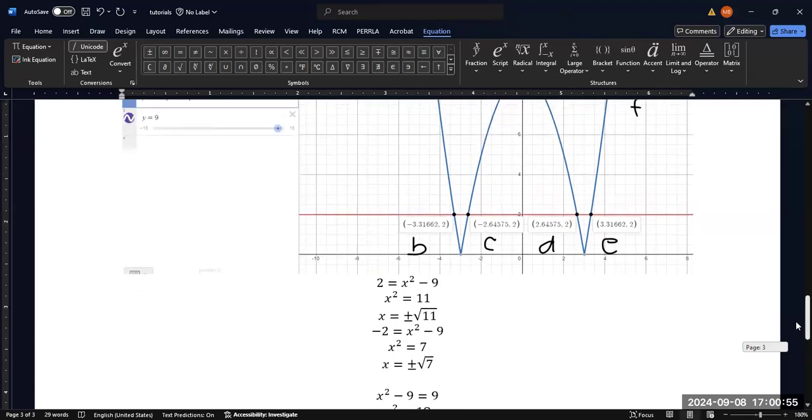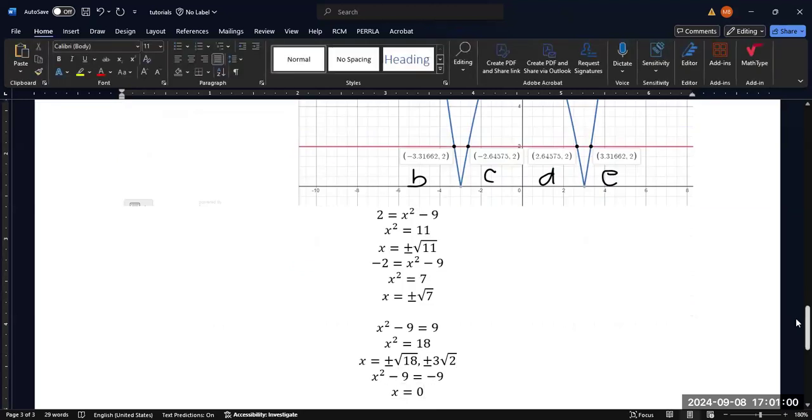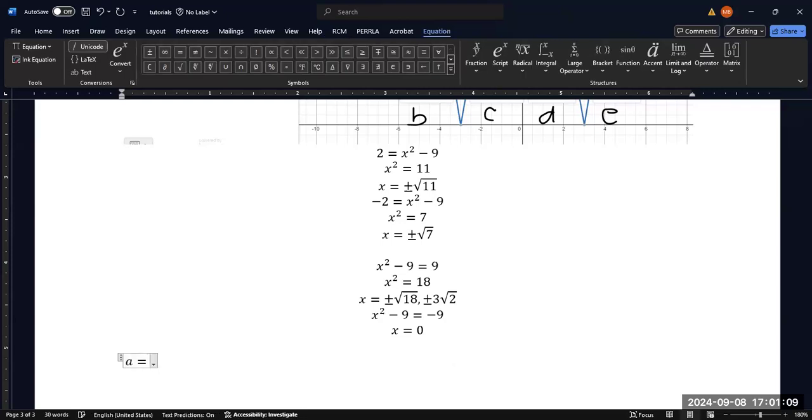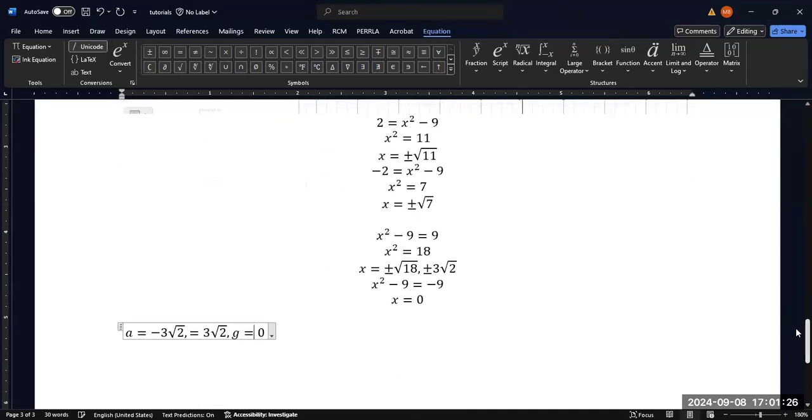So for the top one, A and F, A is equal to negative 3 square root of 2, and F is equal to 3 square root of 2. G is equal to 0. That one we could actually tell from the graph.